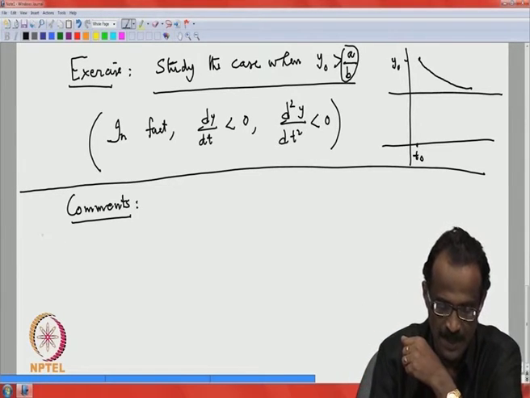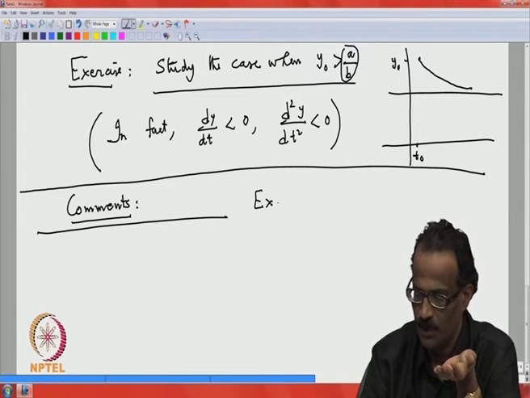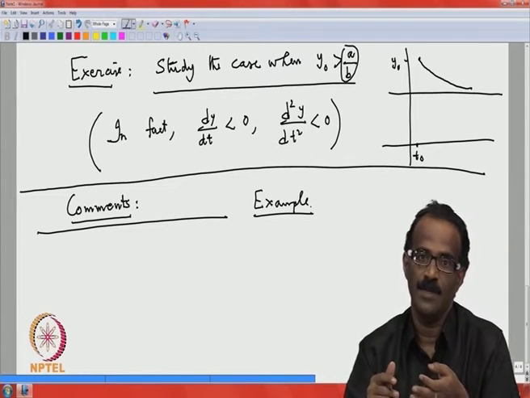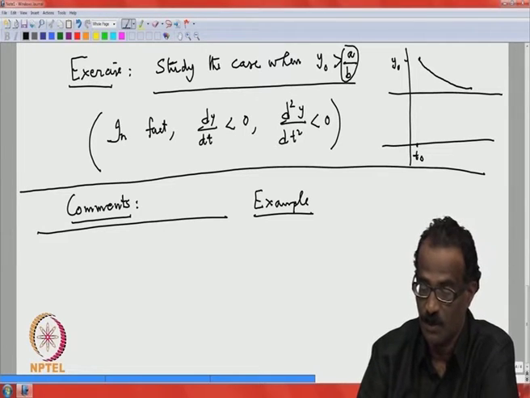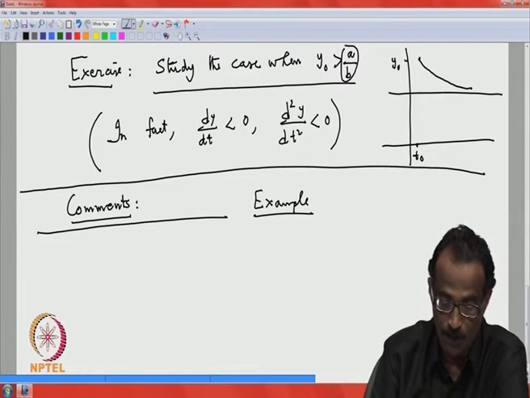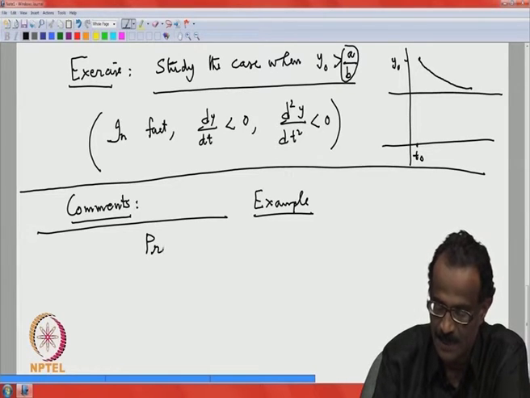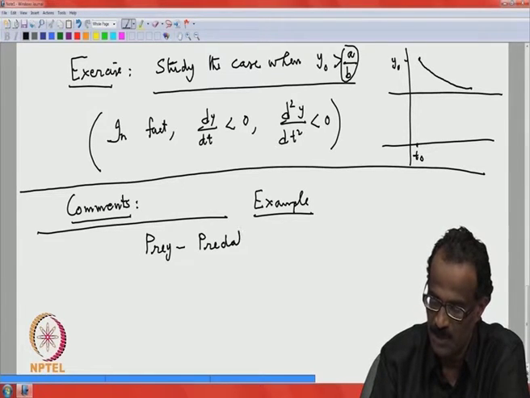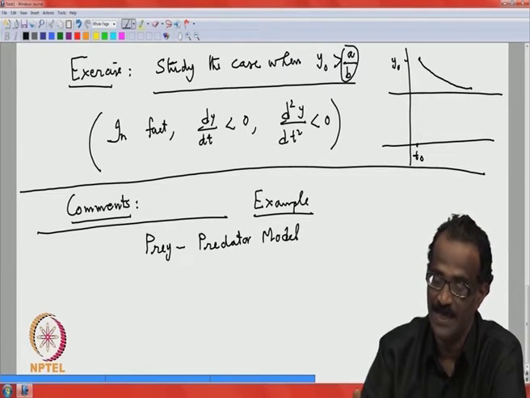For example, let me tell you one example which you will probably see in our course. As I said initially, it is not possible to explain every problem in this course. But let me tell you one important prey predator model. I will just state the equation; I will not give much detail. Since the other model is explained neatly, you can see it now.